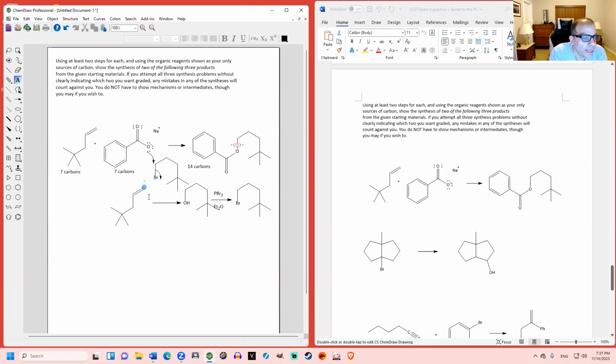And that's just done by hydroboration oxidation. So you need to know all your reagents: BH3·THF, followed by aqueous alkaline hydrogen peroxide.